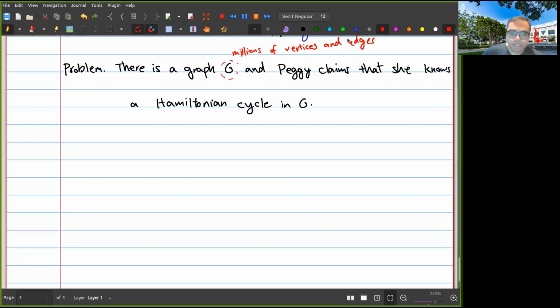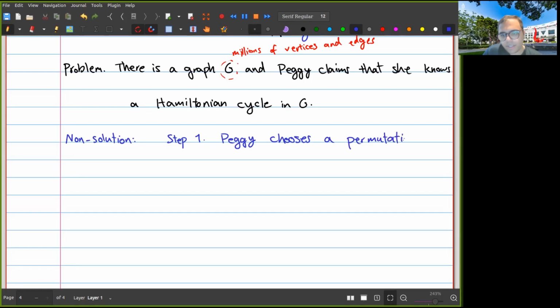So here's how we can do this. Let me again give you a non-solution first, kind of a non-solution. So I can say in step 1, Peggy just chooses some permutation of the vertices.